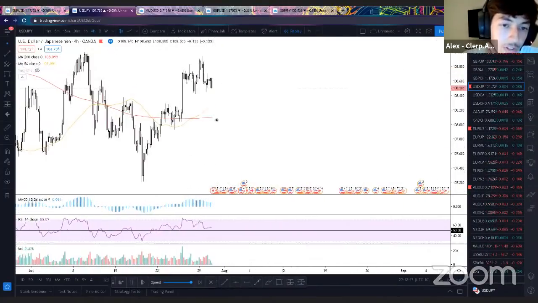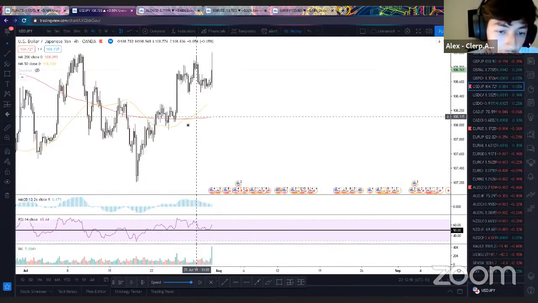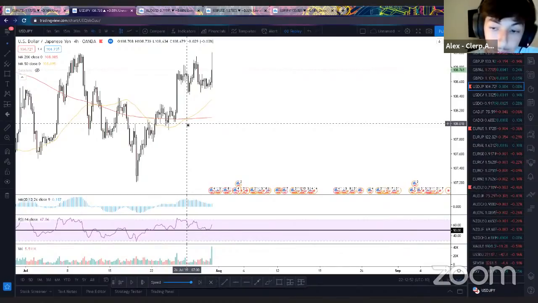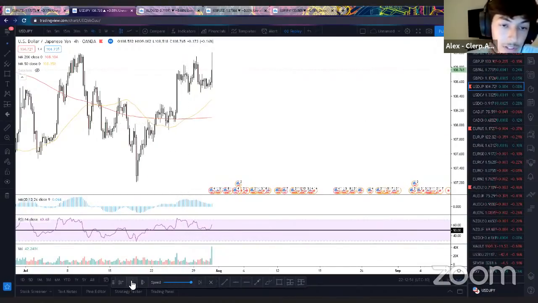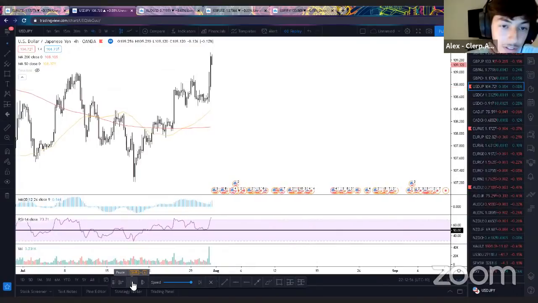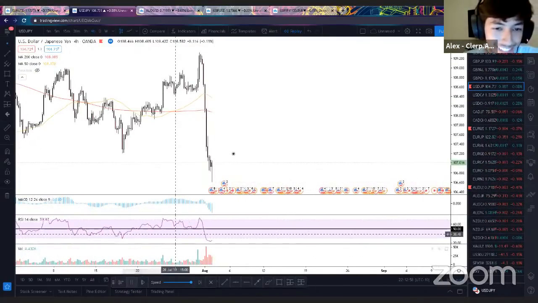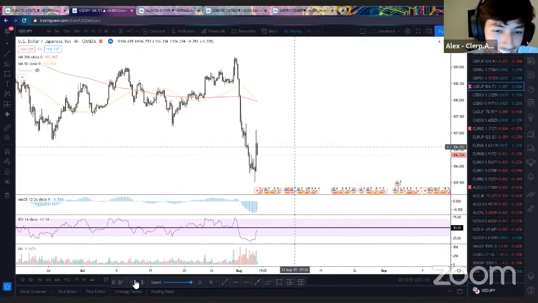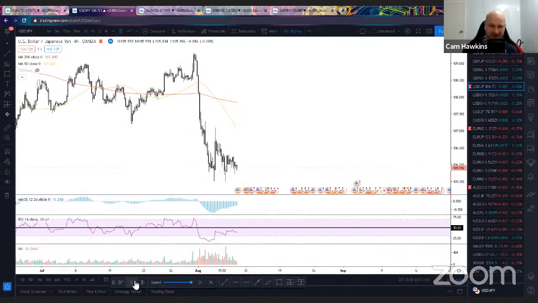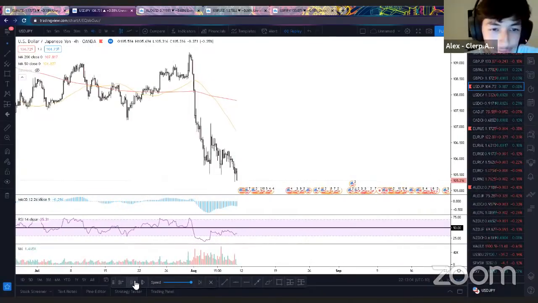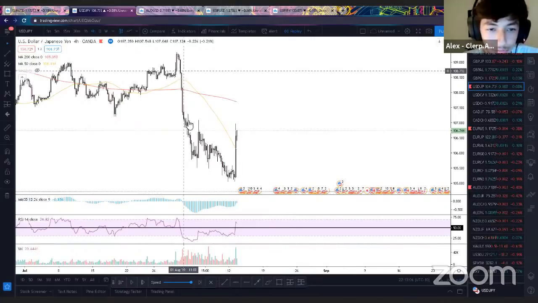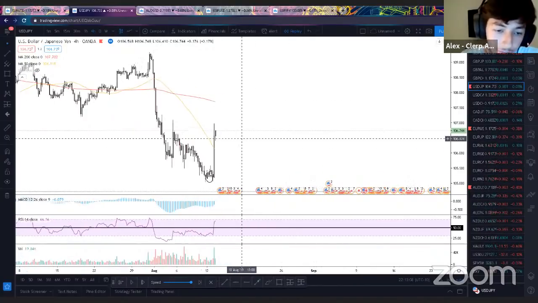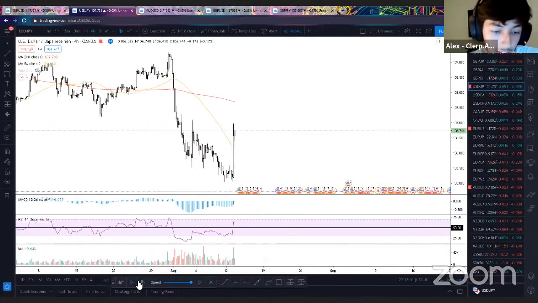Okay, we have another crossover here. Let's see, the RSI is above 50, the MACD is above 0, so we're good on that. We just need price to touch the. Okay, all right, never mind. Too fast? Yeah, a little too impulsive. I really don't like trading the impulsive moves down either because it's inconsistent and unpredictable in my opinion.